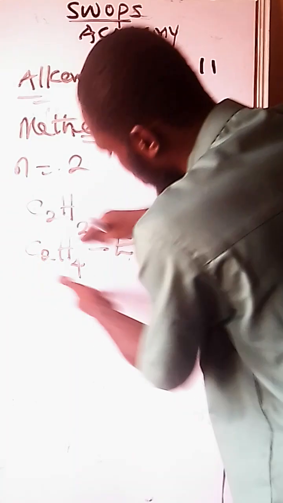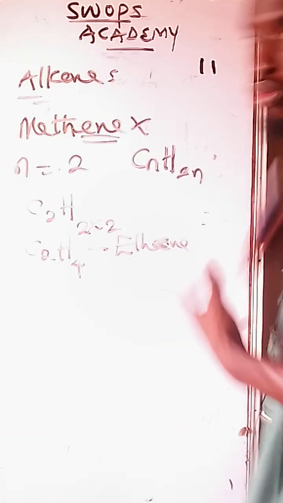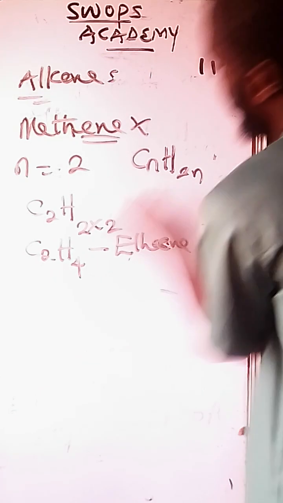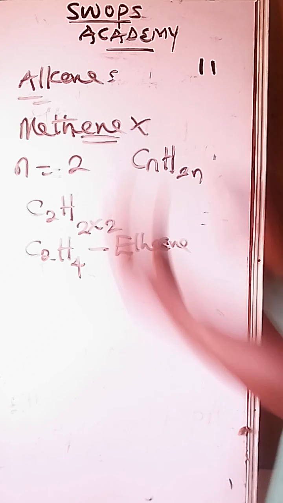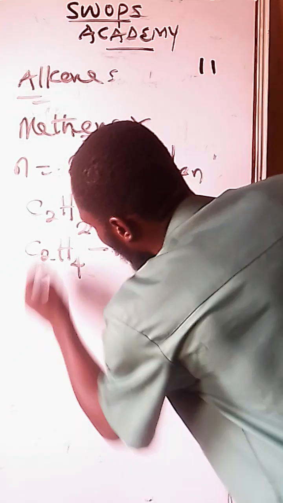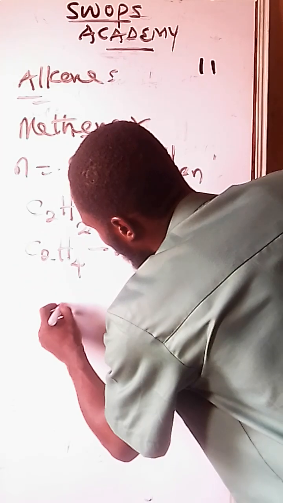I want to explain it here using ethene, which falls on carbon number 2. Now you know how we arrive at this using the general formula. So we are still under the definition of this. I'll compile everything and do the recap. Now let's draw the structural formula.